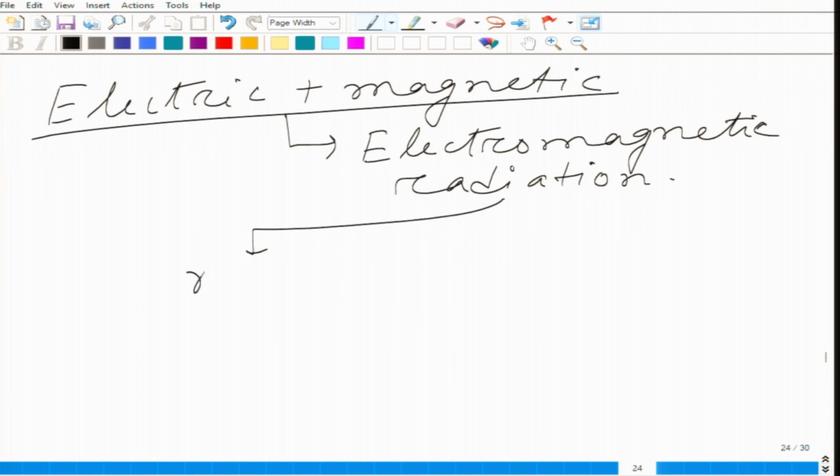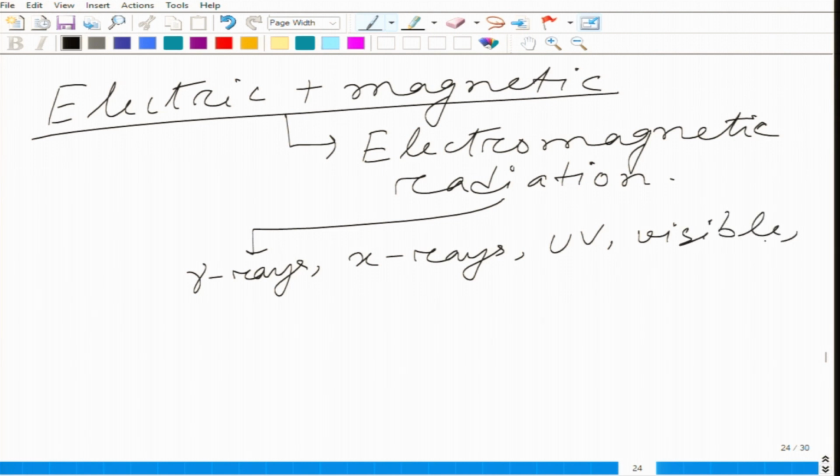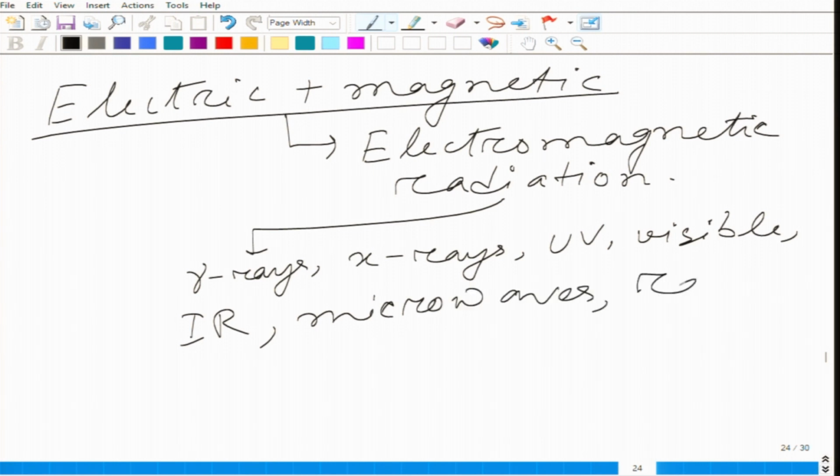They are gamma rays, X-rays, UV, that is ultraviolet, visible light, the light that we can see, due to which we can see different colors, IR, that is infrared, microwaves, and radio waves.